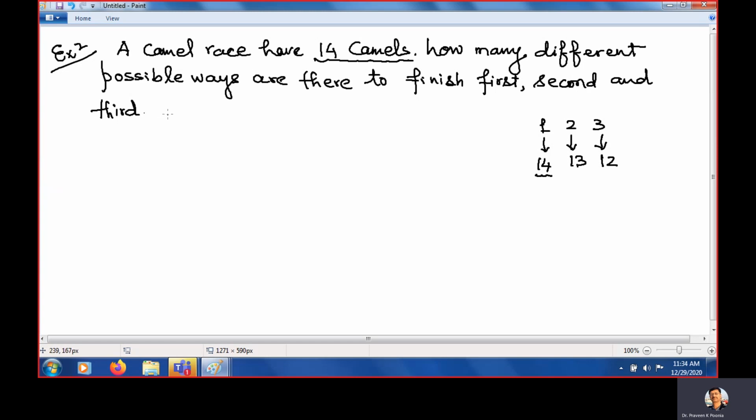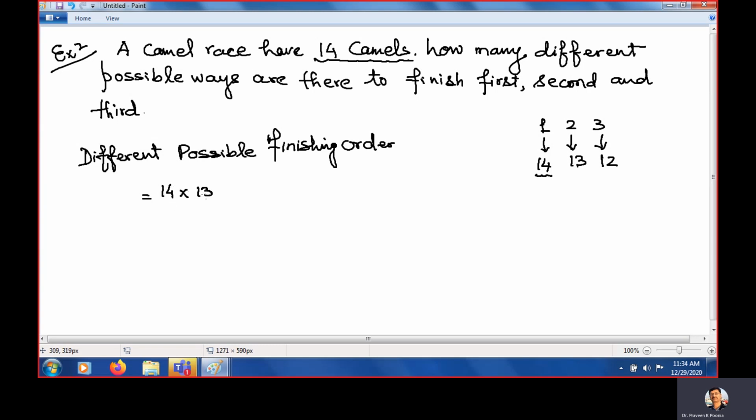So how many total ways to finish this order? The different possible finishing order is equal to: the first position can be occupied by 14, the second position by 13, and the third position by 12.